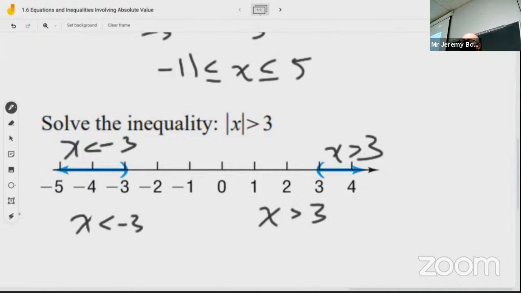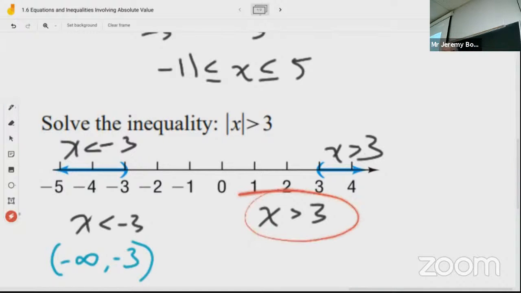How do we write this solution as an interval? Just focus on it in pieces. How would you write this in interval notation? X is less than -3. Negative infinity to -3, and we're going to put a parenthesis on the -3 because it's not equal to it. How will we write this one?